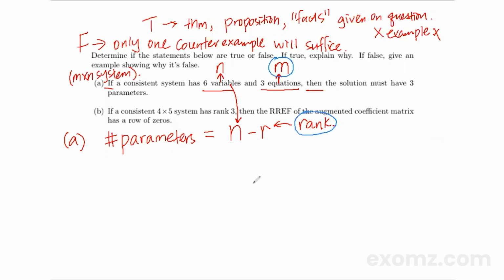The relationship between m and r is that r is always less than or equal to m, simply because r is being obtained in REF. However, m is always there when you're given that matrix.